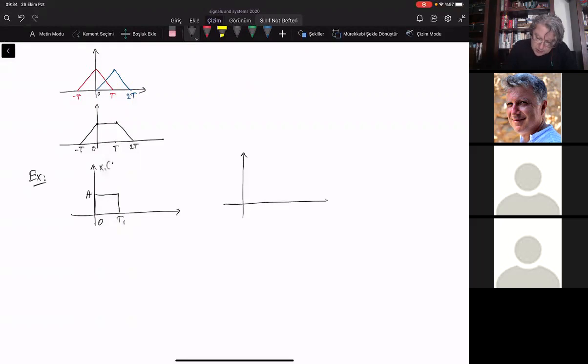In x2 of t, you may have another rectangle from minus capital T2 to T2, with a value b, and an impulse at capital T3 whose magnitude is c.